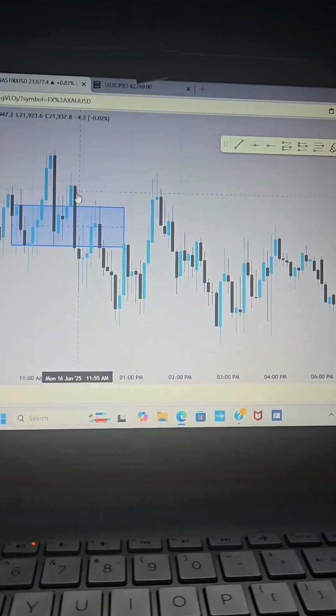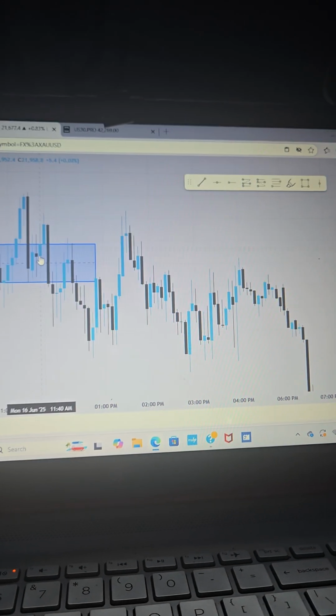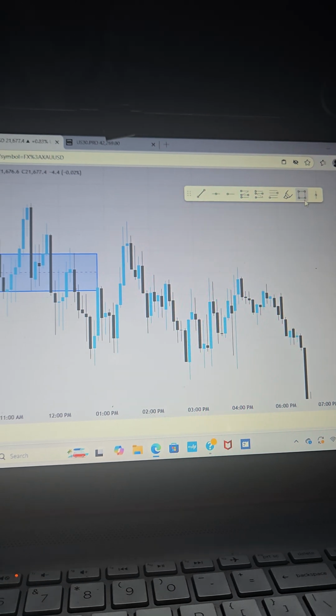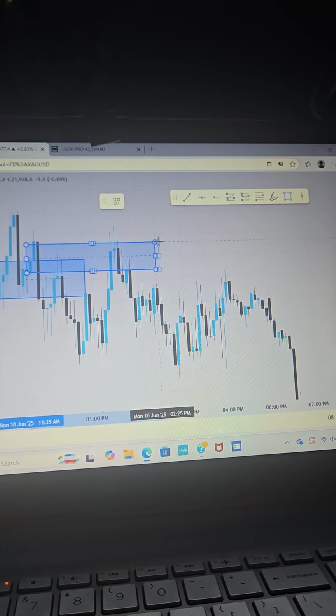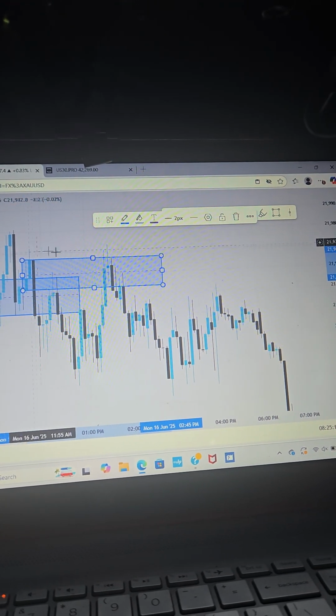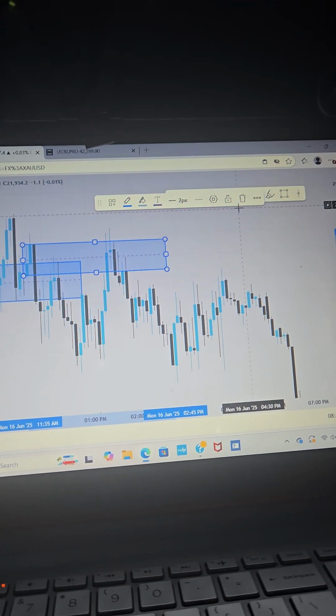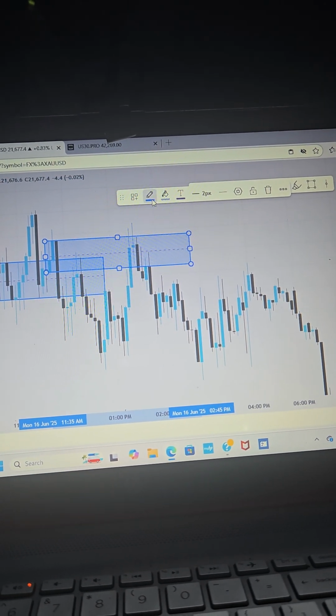One way to know is, let's take this right here. This is the last two up close candles. All right, and then above here is the rejection block, of course. We know that.